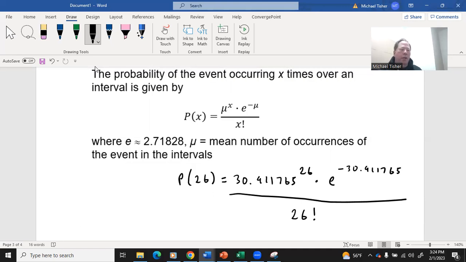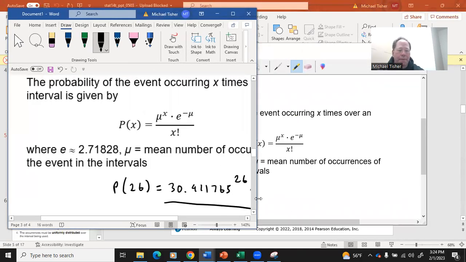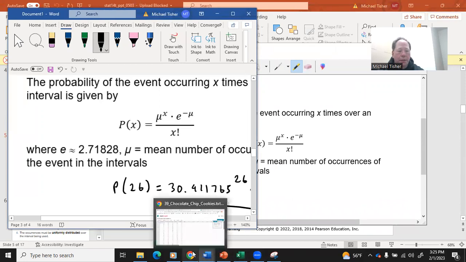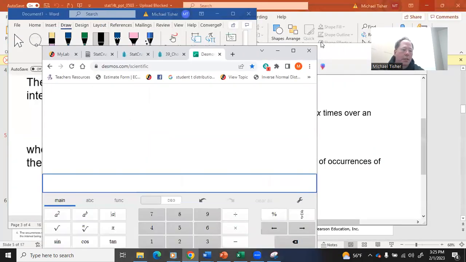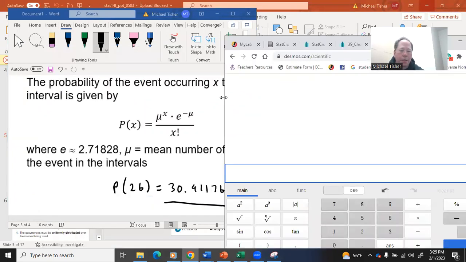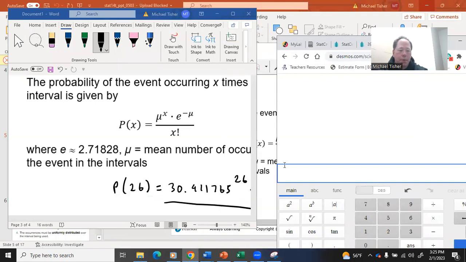Now we're going to use the Desmos calculator to simplify this, especially since Desmos understands e and also understands the factorial notation. So we just have to put that in there. We'll do that to the 26.